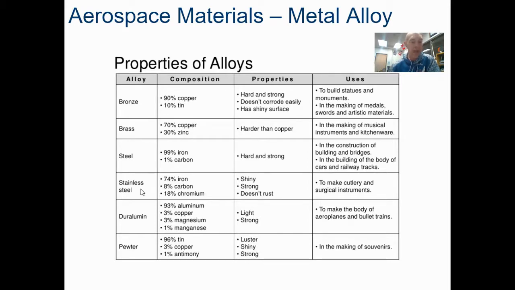Stainless steel is a really common one. This one is 74% iron, with some carbon and chromium. Now, in order to be magnetic, you have to have iron. That's why you can't put magnets onto your brass instruments, or if you have bronze things, they will not attach magnets because there's no iron in them. Steel and stainless steel do work.